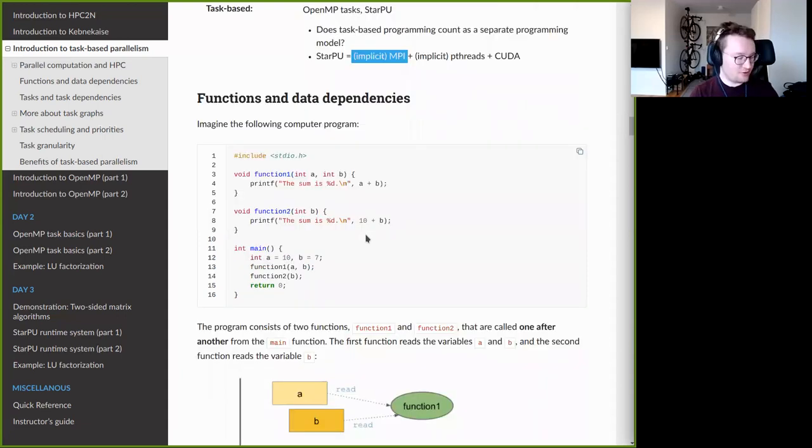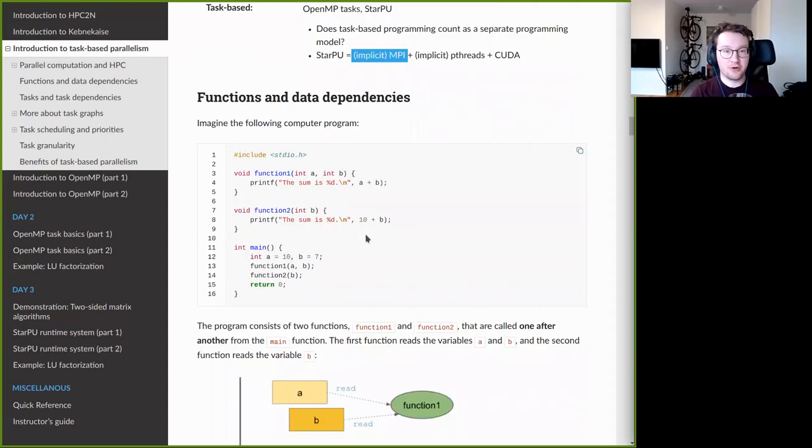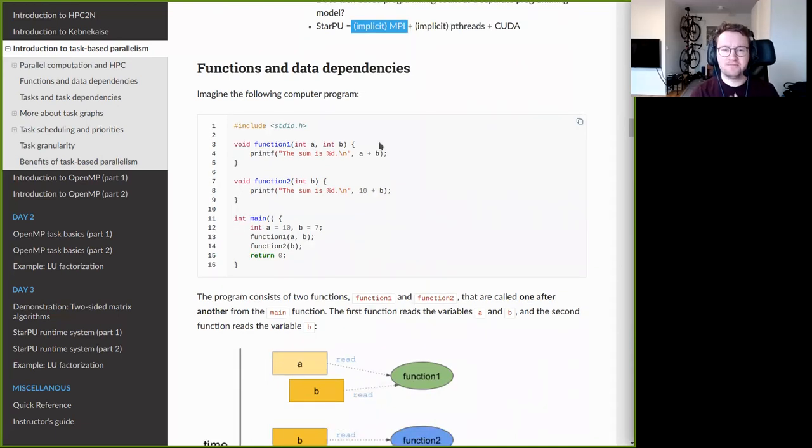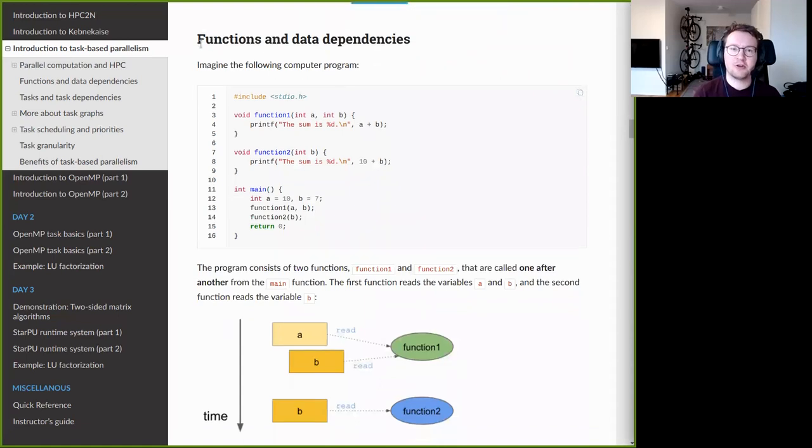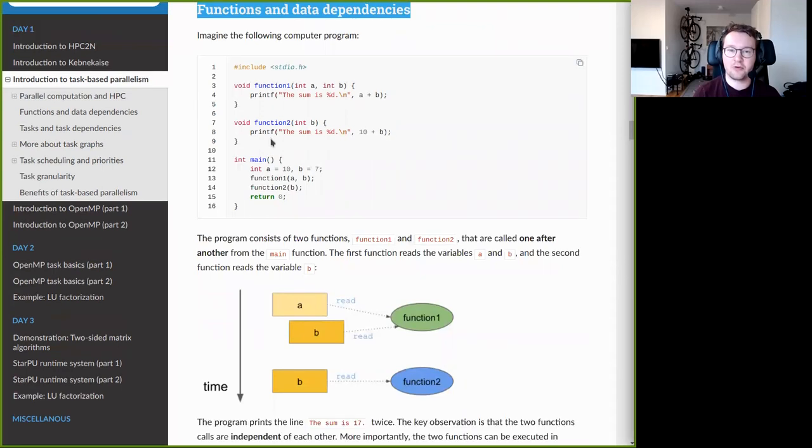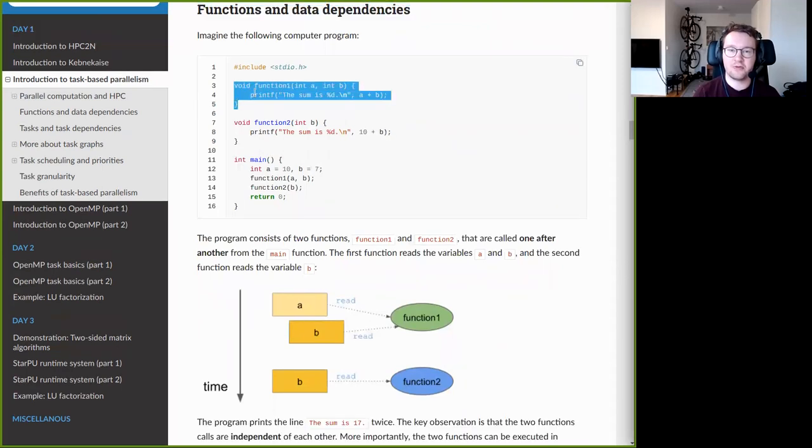Okay, so that concludes a brief summary of parallel programming in high-performance computing. And it is now finally time to start talking about task-based parallelism. I would like to start by talking about functions and data dependencies. So let's imagine the following program where we have two functions. Function 1 takes two arguments and just outputs their sum.